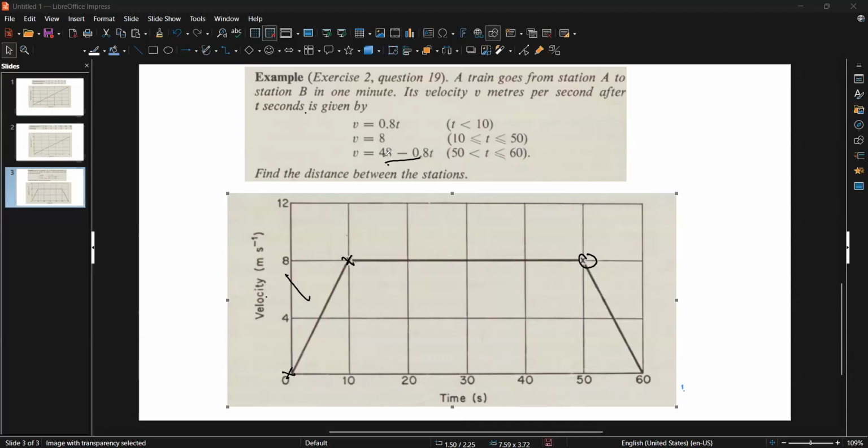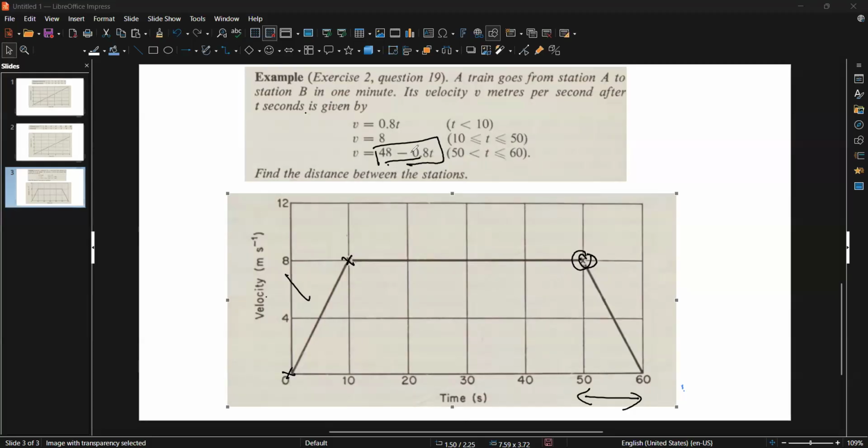All we have to do is draw down from here to here. You don't need a calculation. You are at 8, and within the next 10 seconds, from 50 to 60, the train has to come to rest. So you don't get scared by what's going on here. Good. So there is your velocity-time graph.